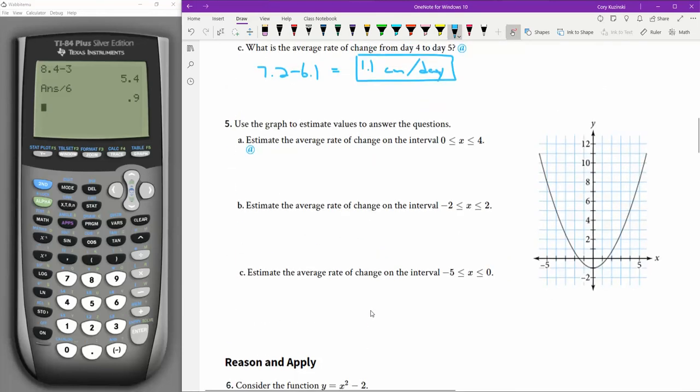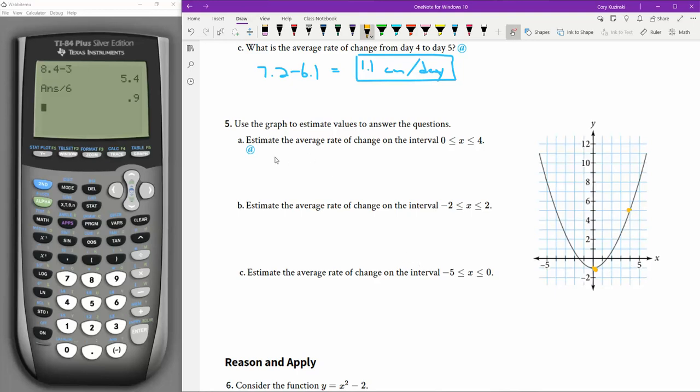All right, now we're using a graph to figure out average rate of changes. They give us, over this interval from 0 to 4, estimate the average rate of change. Well, at 0, we're at -1. And at 4, oh boy, wait, 1, 2, 3, 4. It looks like we're at 5.